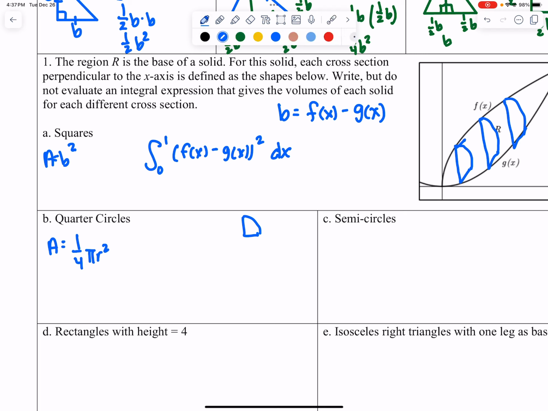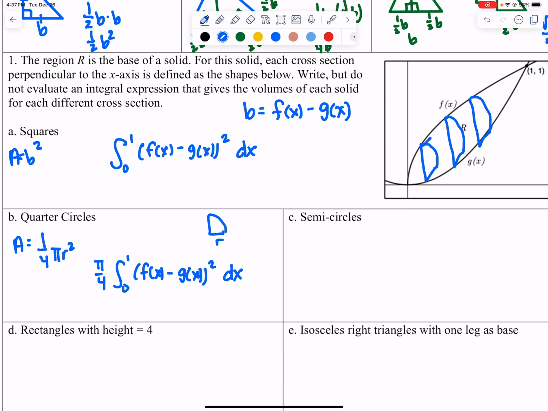So because I'm doing top minus bottom, and this is already my radius because it's a quarter circle, this means that my expression is going to be from 0 to 1, then f of x minus g of x squared dx. And of course, don't forget about your pi over 4 with your quarter circle.